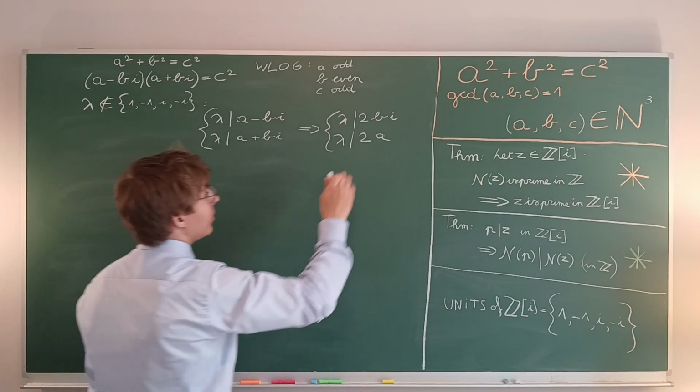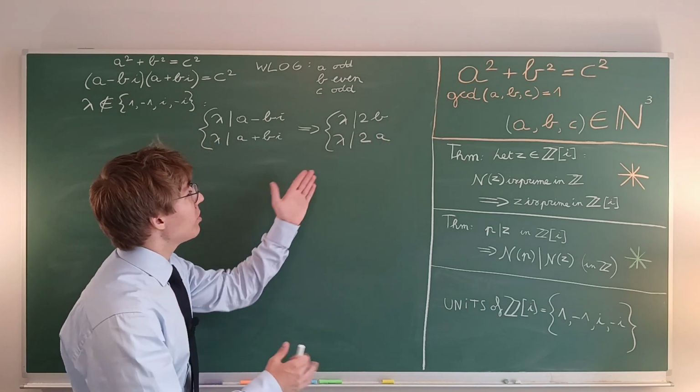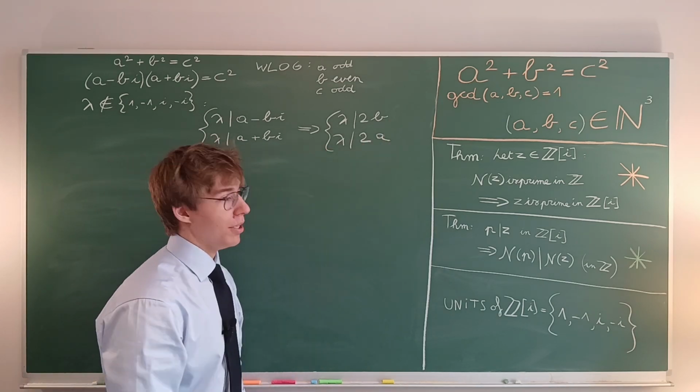Now, the i is just a unit in the Gaussian integers, so it simplifies to lambda divides 2a and lambda divides 2b.